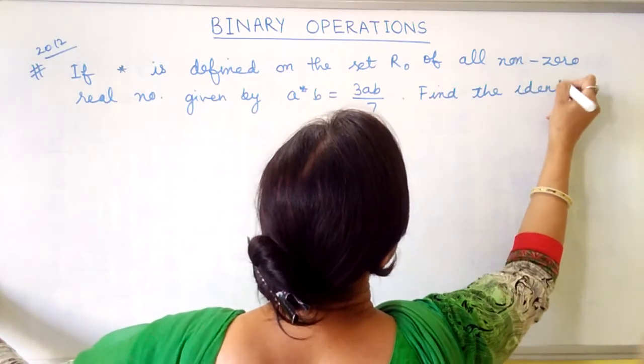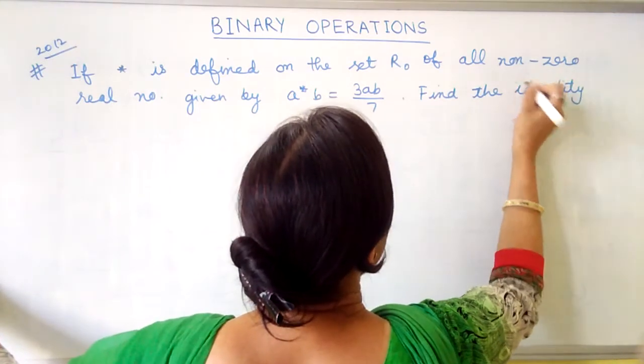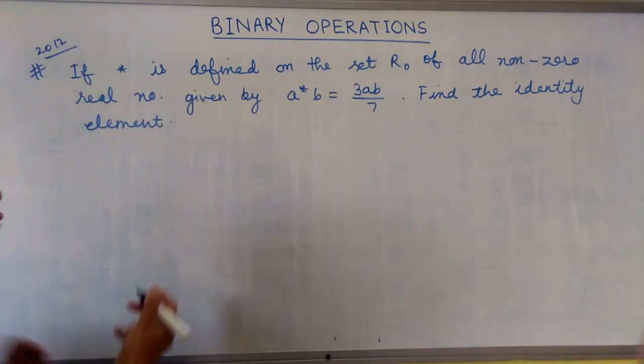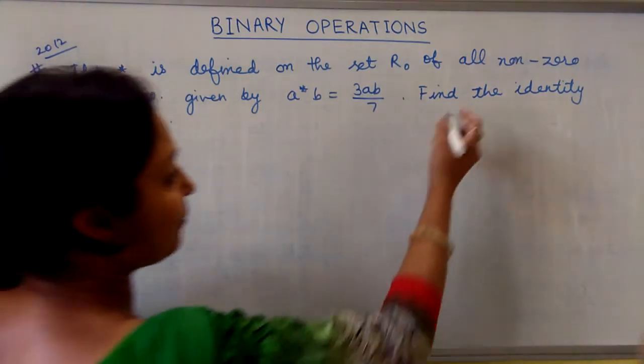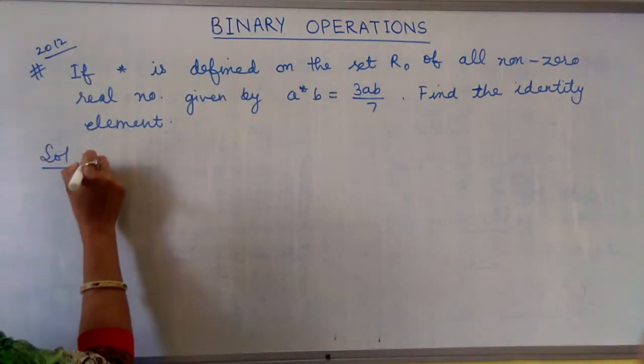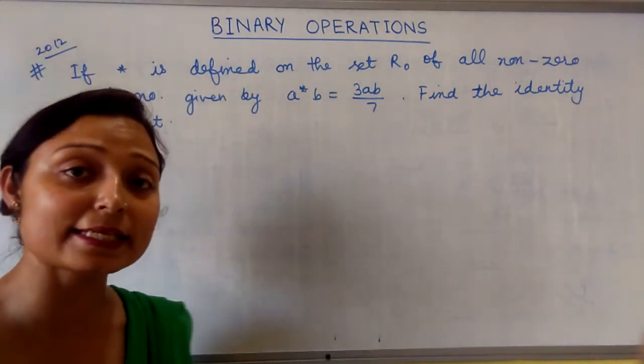So you have to find the identity element by using the properties which I have told you on the first page. Okay, so how can you find the identity element?